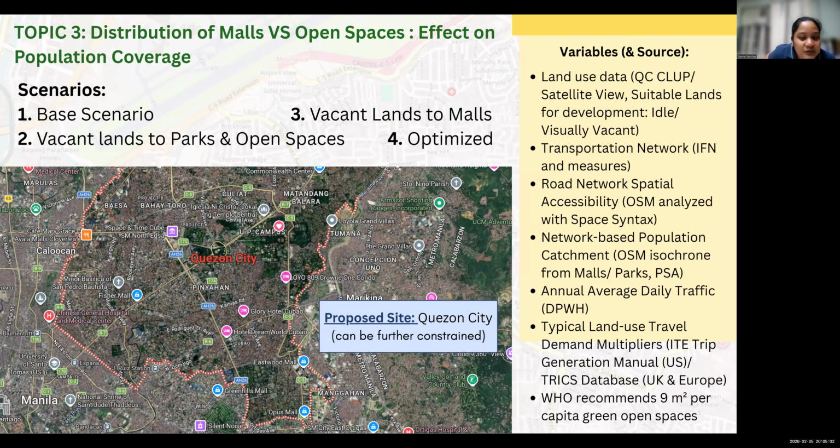So that's for the third. Basically for the optimized, we want to be closer to the WHO's recommendation of 9 meters squared per capita of green open space, and basically explore the trip demands that it will cause.